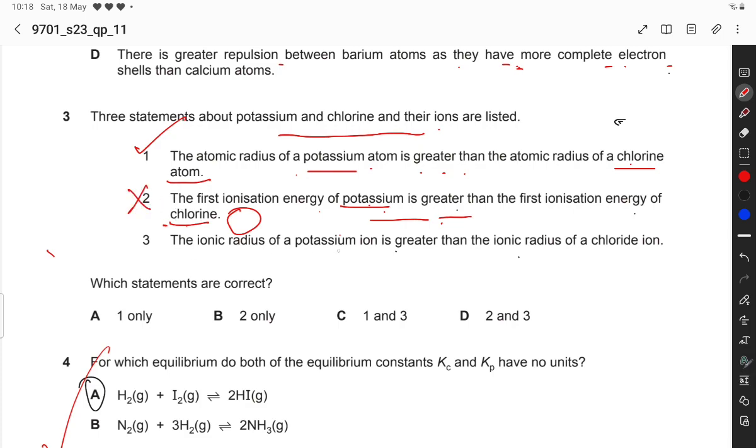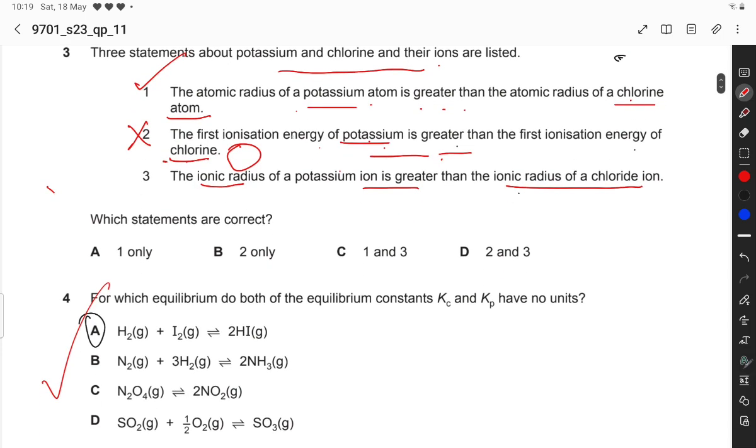The ionic radius of potassium ion is greater than the ionic radius of chloride ion. Potassium forms a positive ion, and the cationic radius is smaller than the potassium atom, while the anionic radius is greater than the parent atom.